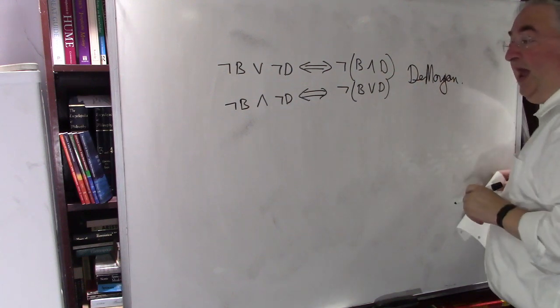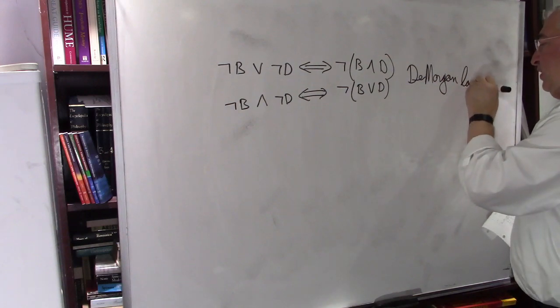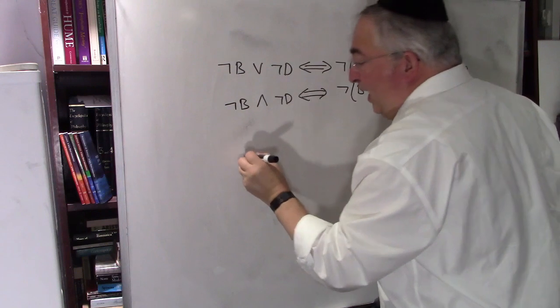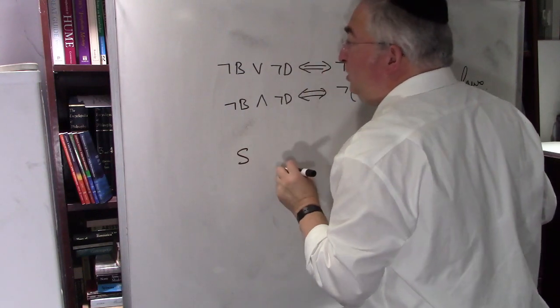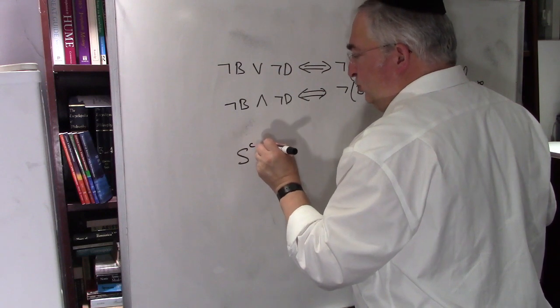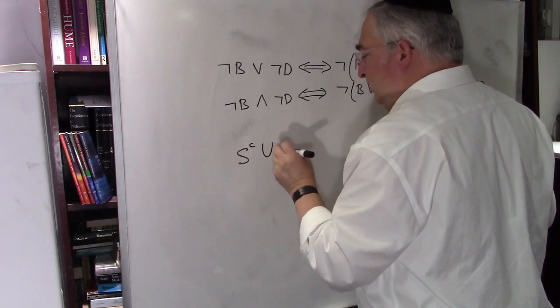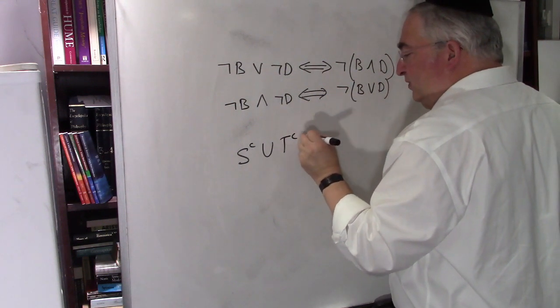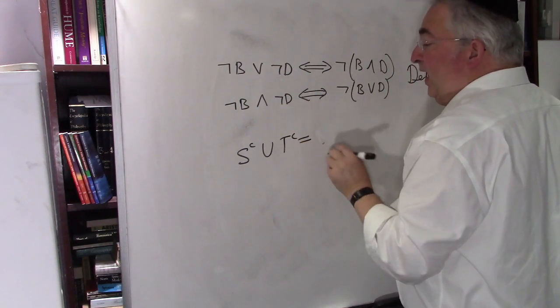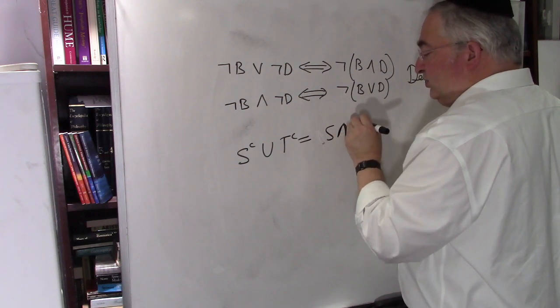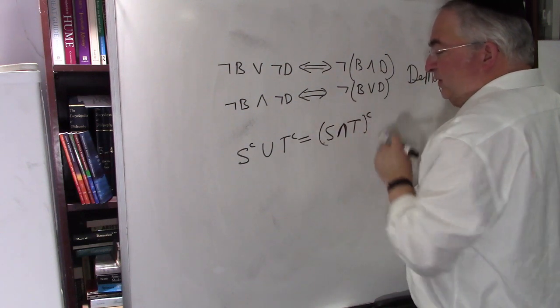We had De Morgan's laws almost exactly the same with sets. Remember? (S union T) complement is the same thing as S complement intersection T complement.